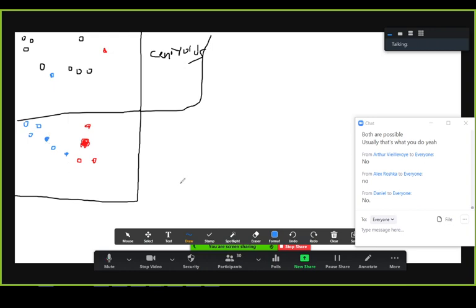Okay. So on the next iteration we will move them, right? We have now computed the new centroids, and we see that our clusters do not stay the same. Now this point becomes red because it is closer to red than it is to blue.